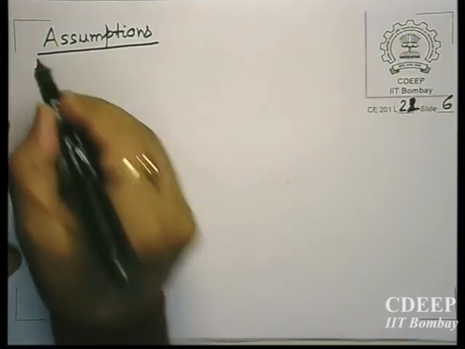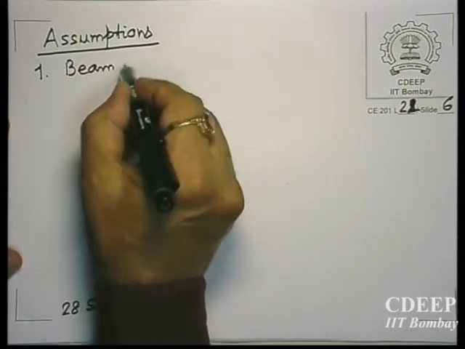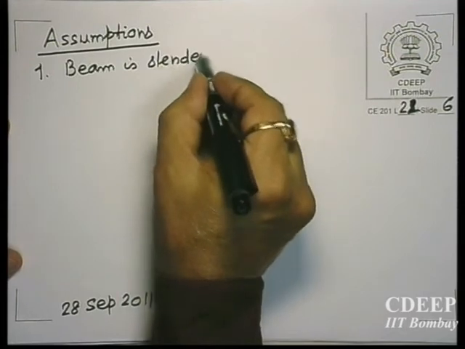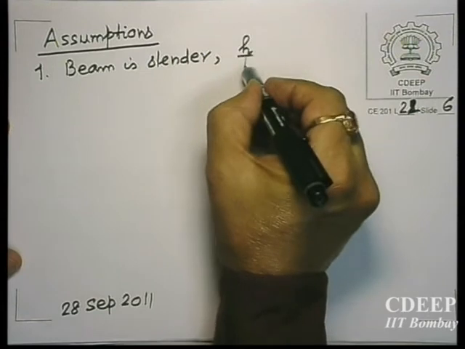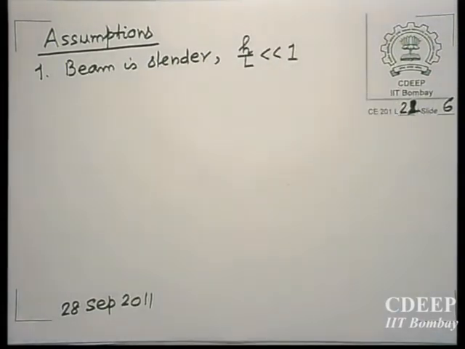First one is very important, that the beam is slender. Unless it is slender, whatever we are going to do will not hold, so that means h by L is small compared to unity. So everything will be okay, slender.